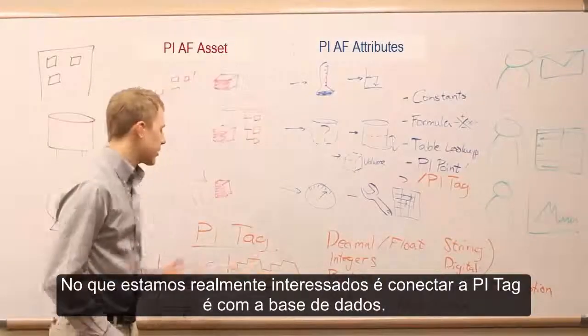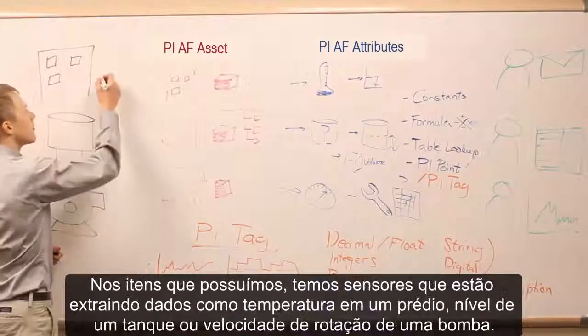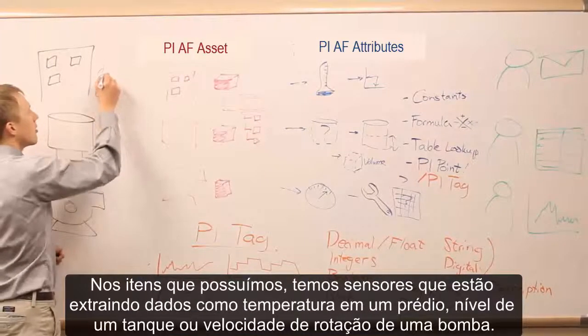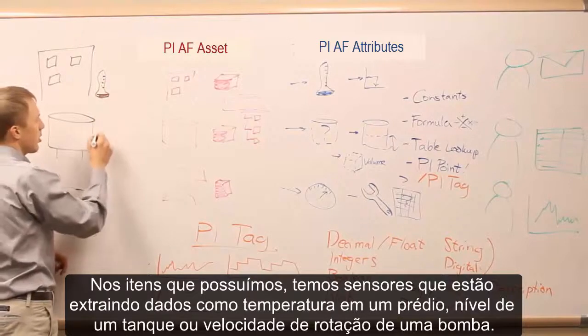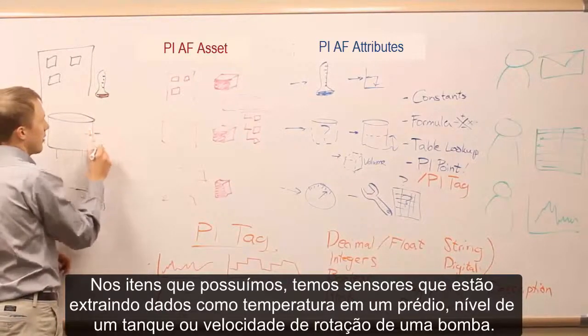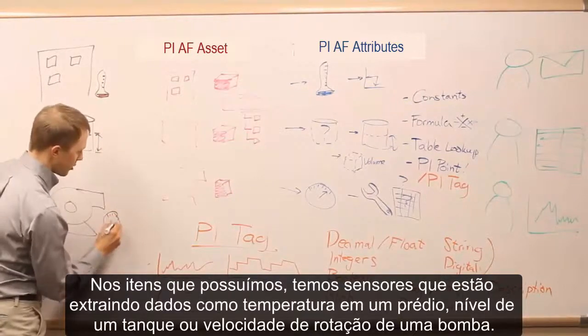So what we're really interested in with a PI tag is connecting it to the data. So in our items that we own, we have sensors that are actually recording stuff, like a temperature in a building, or some kind of height sensor for a tank, or some kind of RPM gauge for a pump.